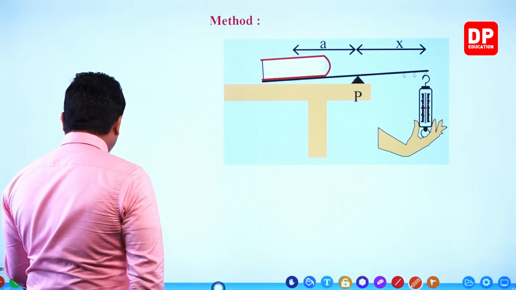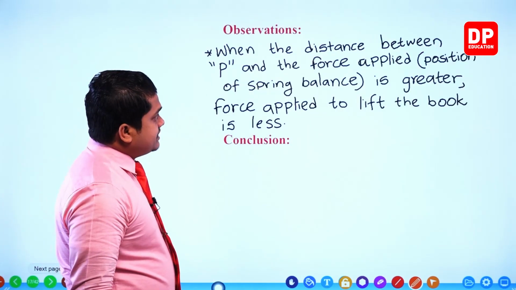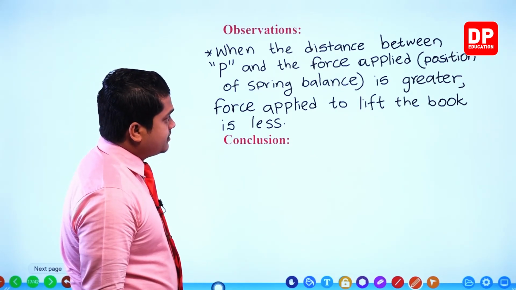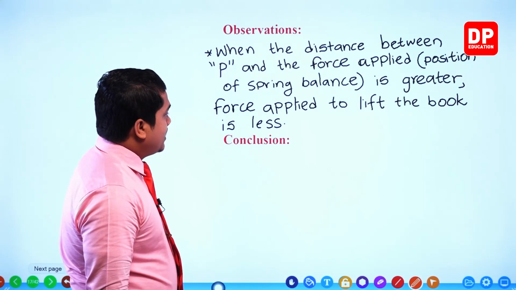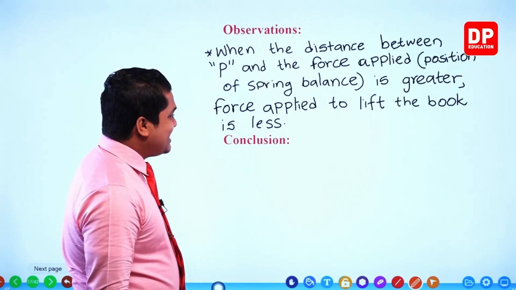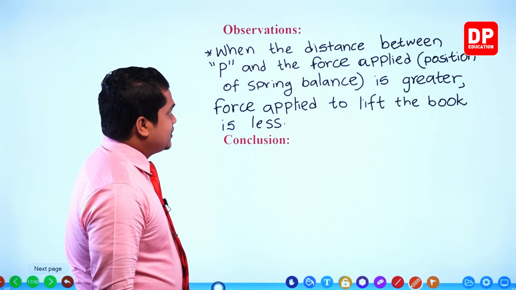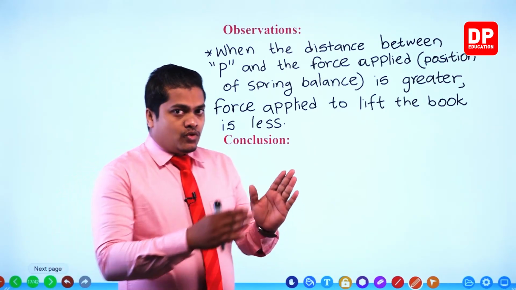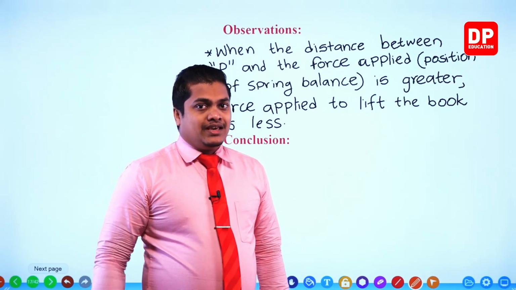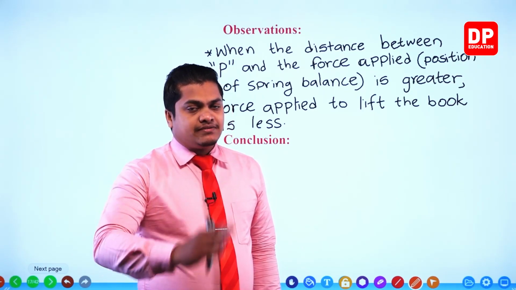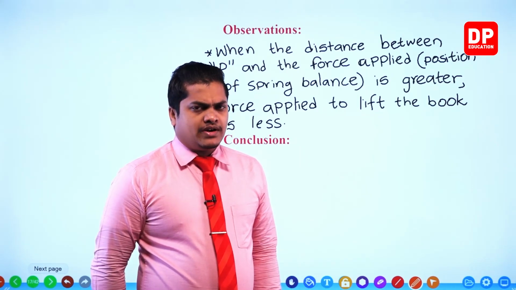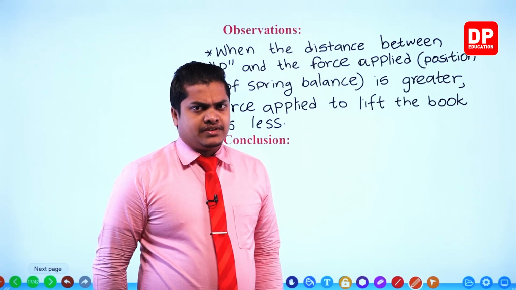So here it is given once more. When the distance between P and the force applied, position of the spring balance, is greater, force applied to lift the book is less. So when the distance between the force applied and the wedged point is greater, less force is being applied to lift the book. So what is the conclusion that we can take from this activity?